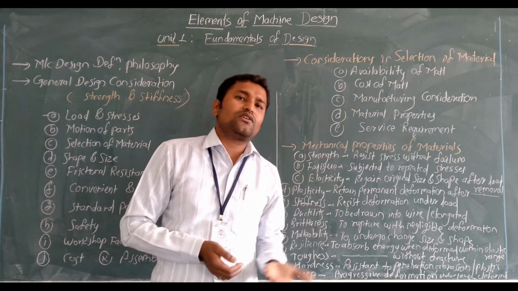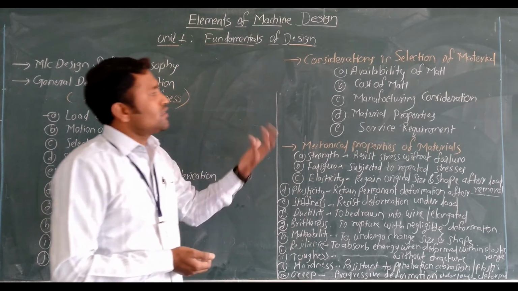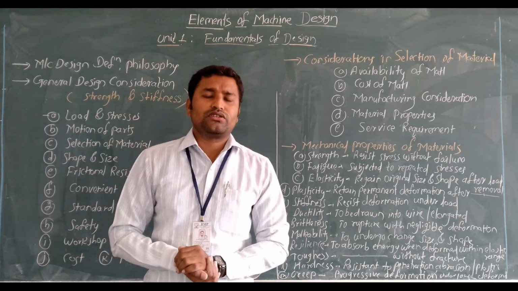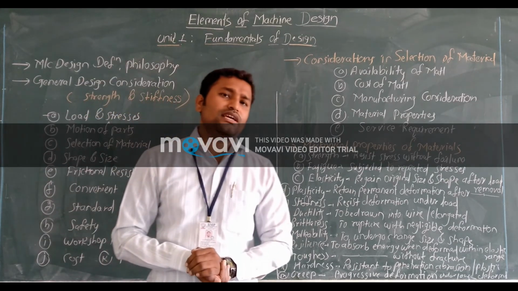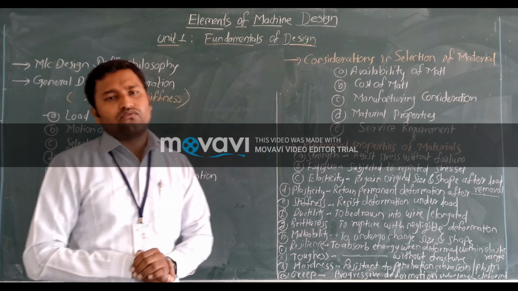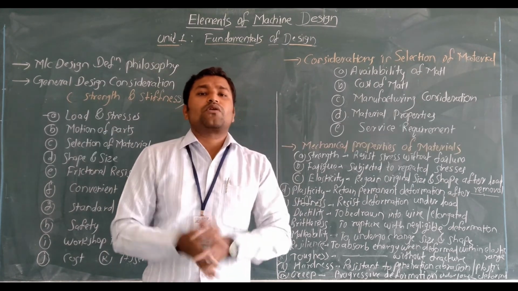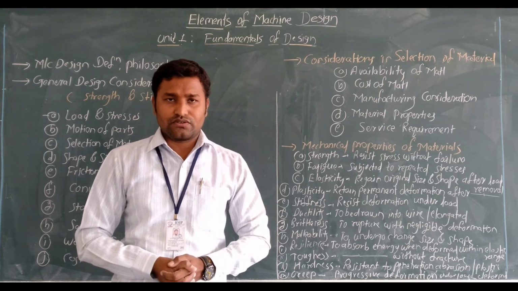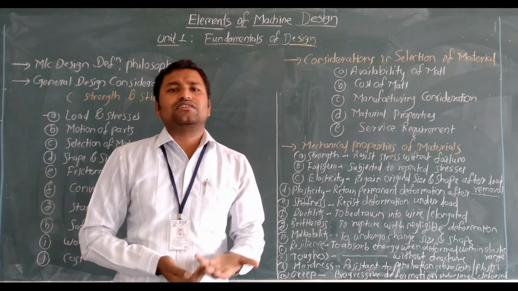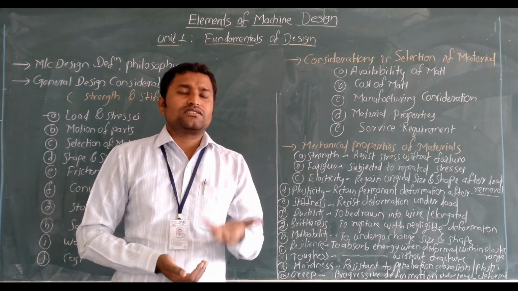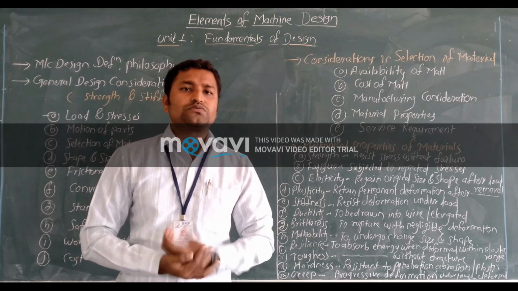Obviously, when designing that component, the cost must be taken into consideration. And what type of manufacturing method is used, that is, milling, drilling, pressing. There are a number of manufacturing methods. The next, what are the mechanical properties of metals? Okay. Then finally service requirement: after design, the service facilities should be available at nearby places, workshops.